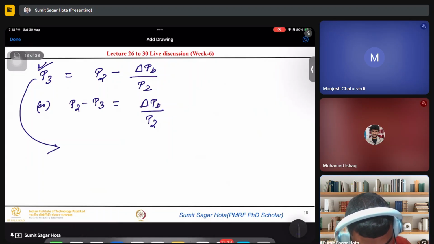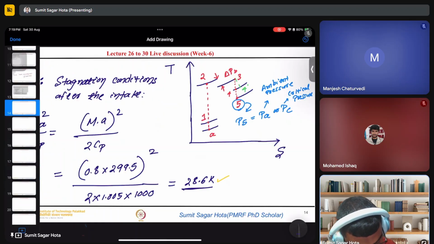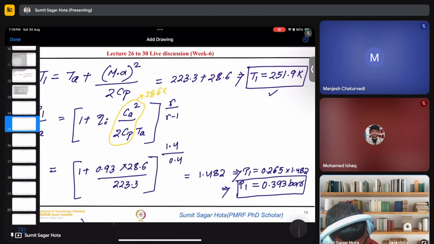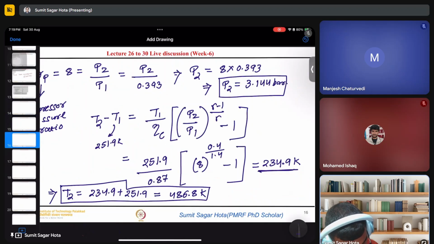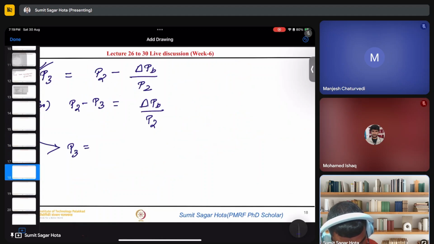P3 is equal to... P2 we already know, P2 is 3.144 bar. Delta PB is 4%, which is 0.04.